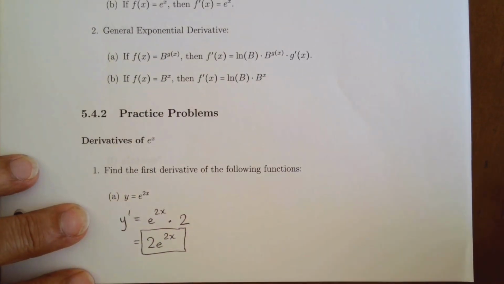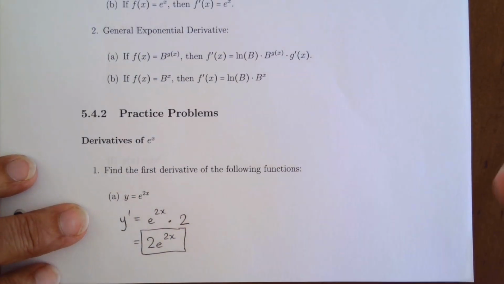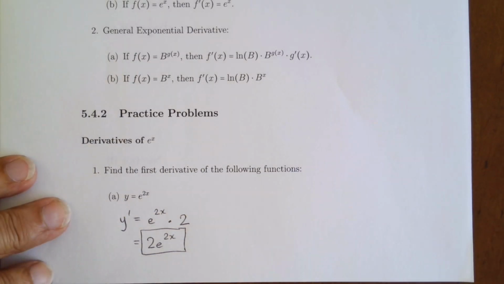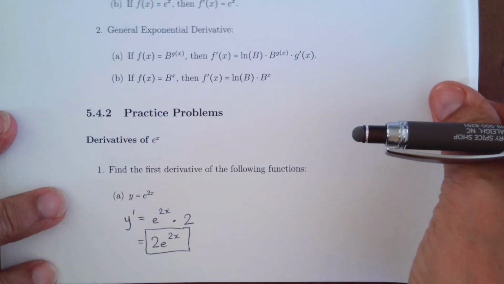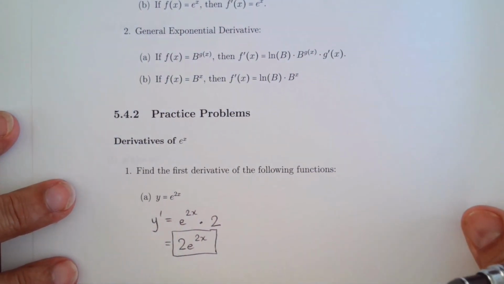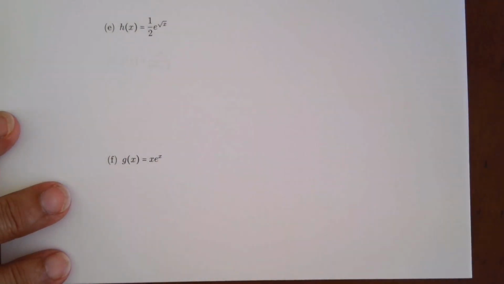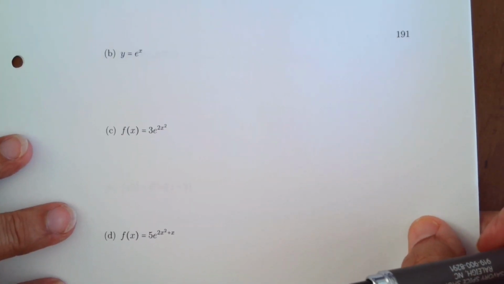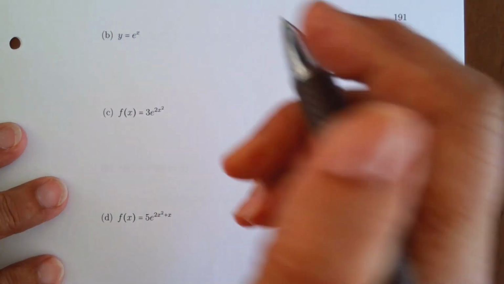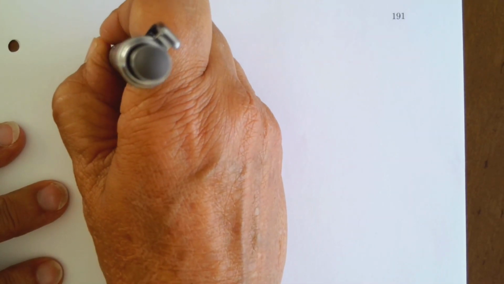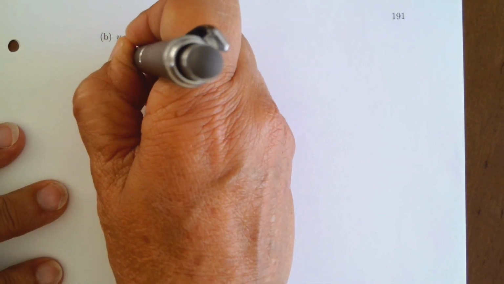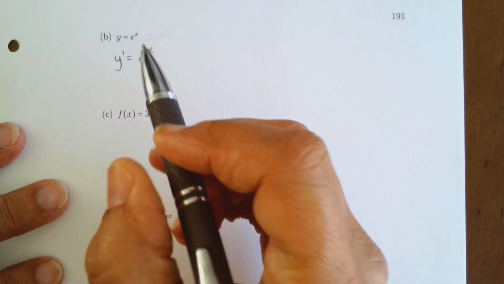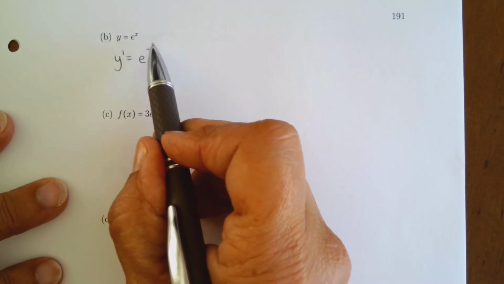Sometimes you'll notice that you have to simplify to find answers. Sometimes you don't have to. So it just kind of depends on the problem. So that was number 1, that's rule 1A. Let's look at B. B is y equals e to the x. So the derivative of e to the anything is e to the anything, and you're supposed to multiply by the derivative of this.